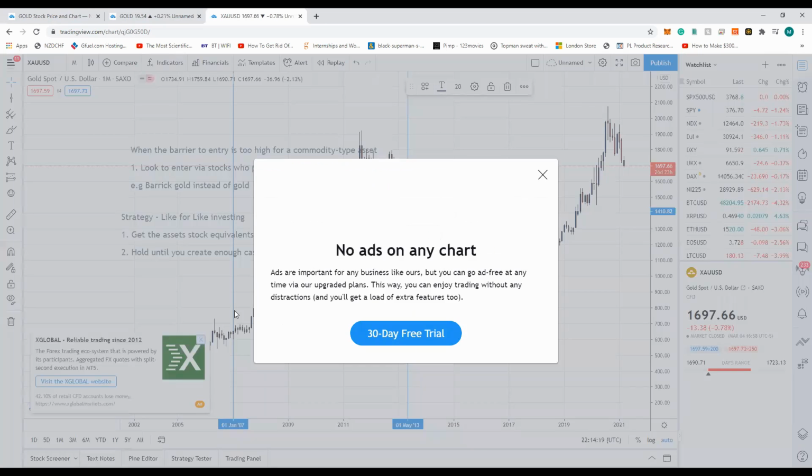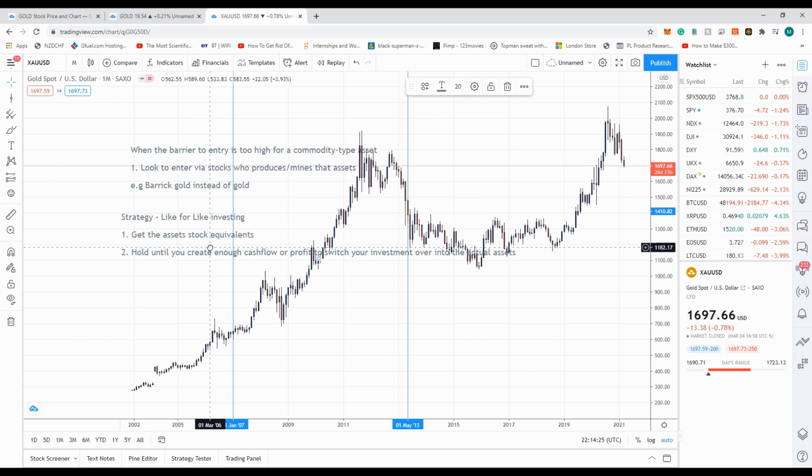If the barrier for entry is too high, or sometimes the barrier for entry is high and also the growth rate. Now, this is more advanced than what we'll do in the other lesson, but if you look over the period of time, 610 to 1923 is great. But in terms of percentage, let's say you put £100 into Barrick Gold, which would probably be easier than getting £100 worth of gold.